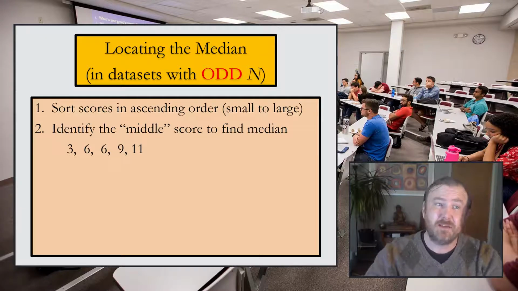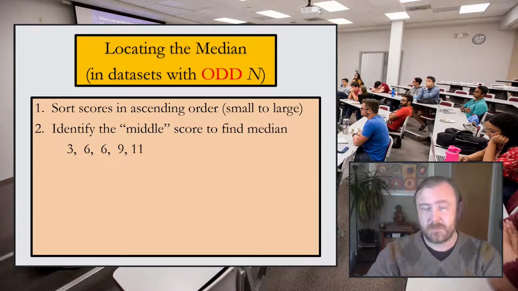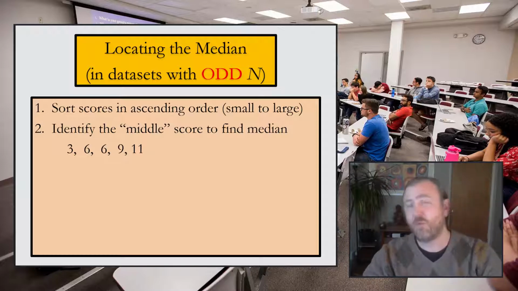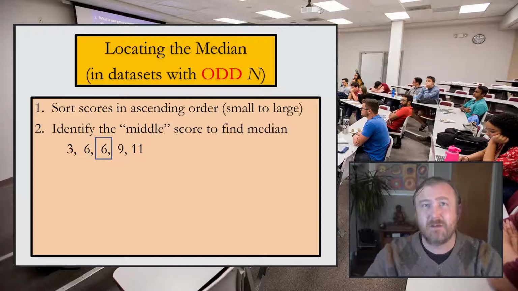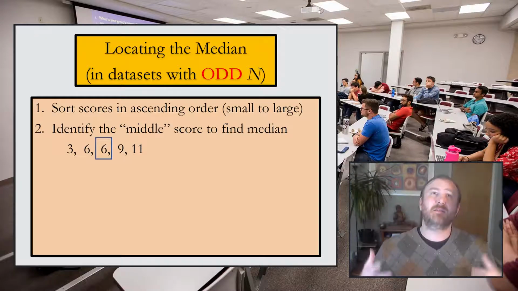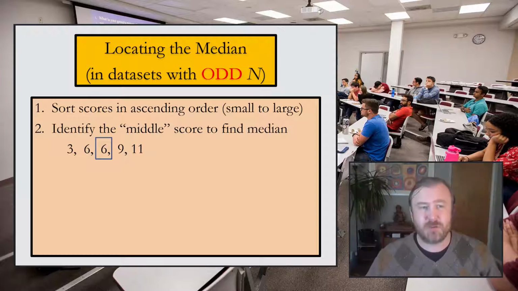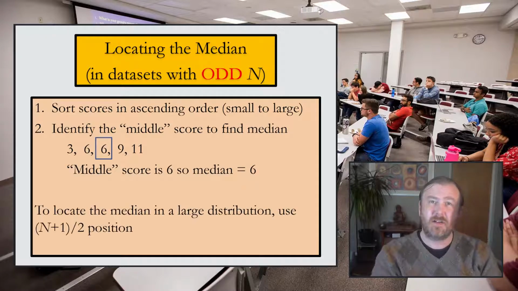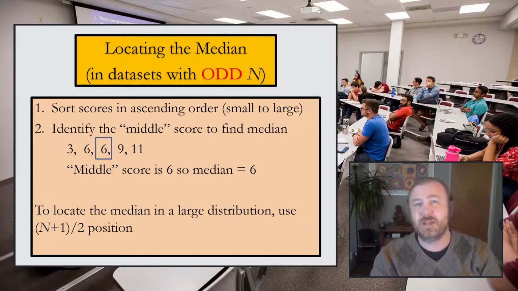That is the median. If you had 10,000 scores, you probably wouldn't want to spend your weekend ordering and counting them. So to locate the median in a large distribution, you take n plus 1 and divide it by 2. That position is the median value.